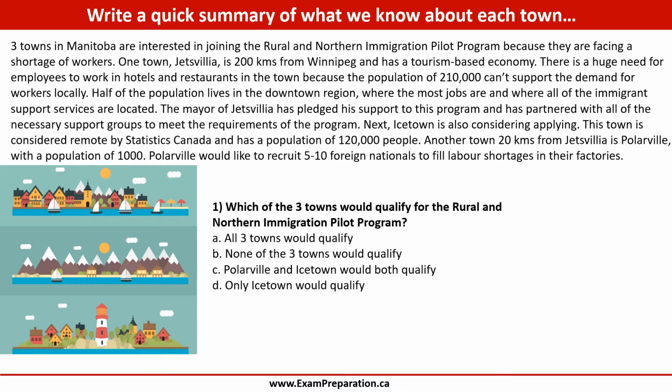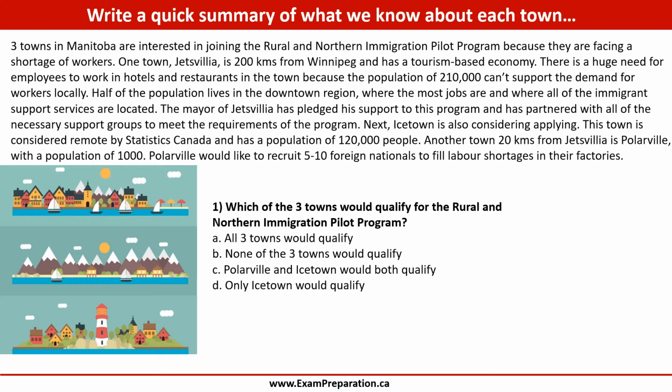Half of the population lives in the downtown region where the most jobs are and where all of the immigrant support services are located. The mayor of Vilia has pledged his support to this program and has partnered with all of the necessary groups to meet the requirements of the program.